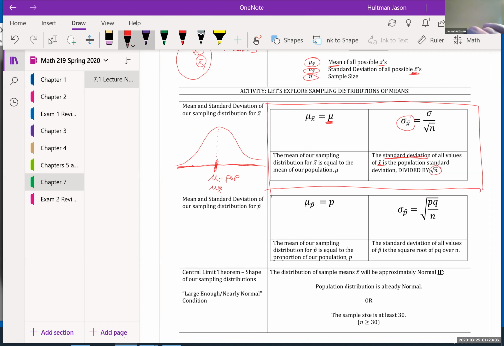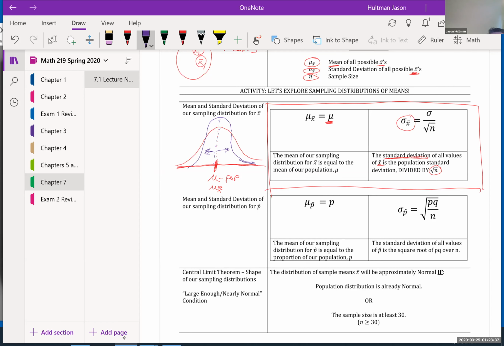And what that does is it makes a thinner graph, a thinner distribution. Maybe I'll put this in a different color. Now the mean is in the same spot, but the standard deviation is smaller because I divided by the square root of the sample size, a number bigger than 1.